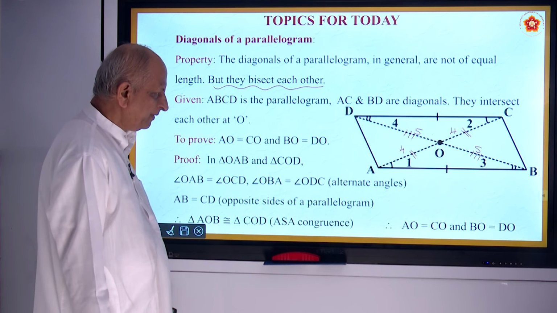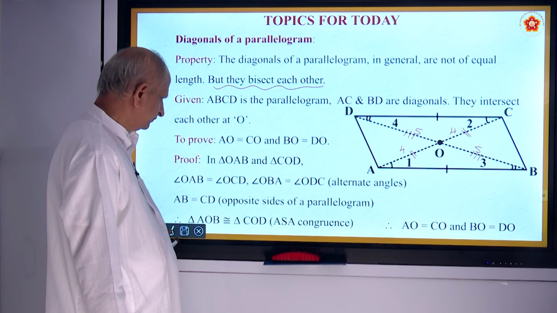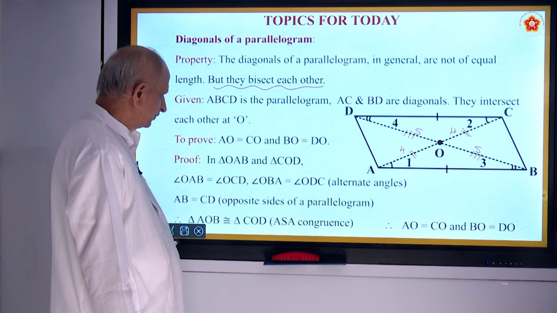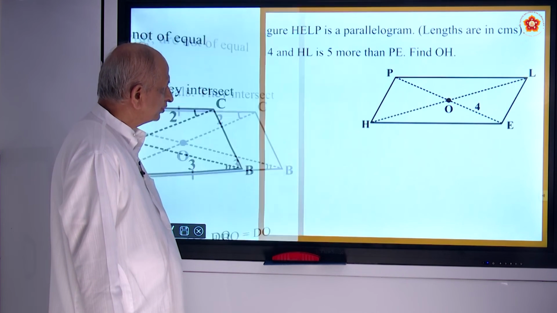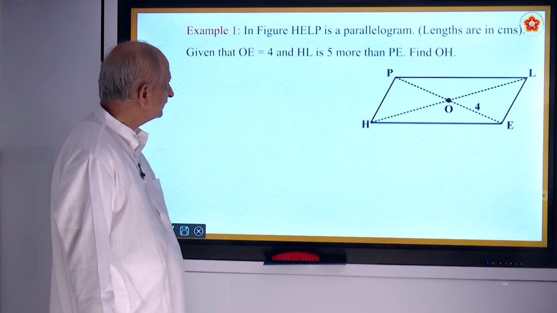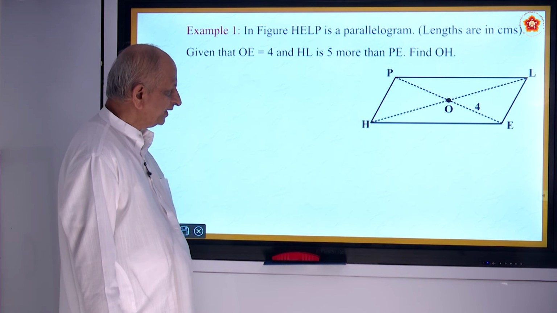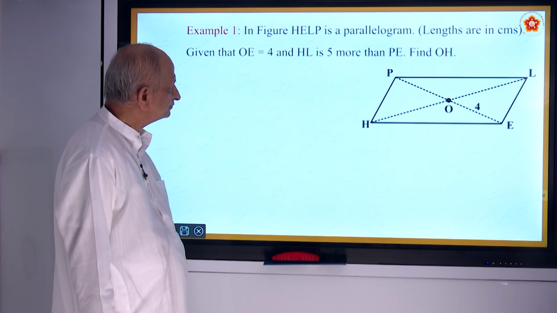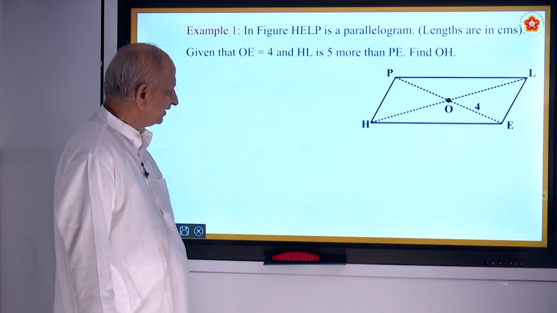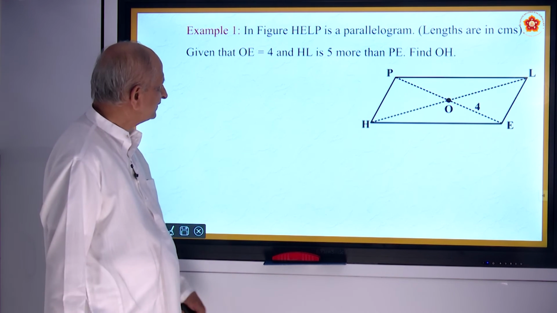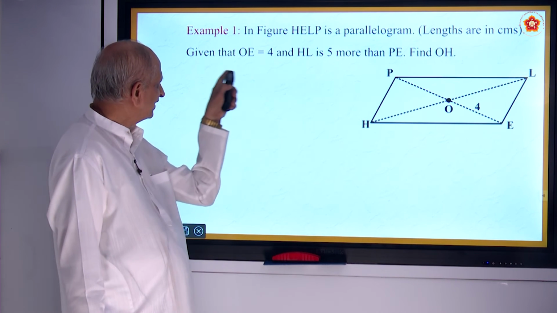Now we will work out some problems on this. Noted all? Very nice. So one example. In the figure, HELP is a parallelogram, and the lengths are in centimeters.